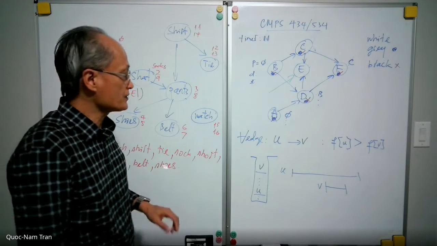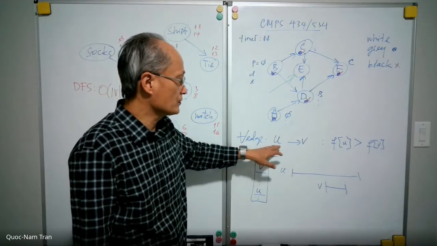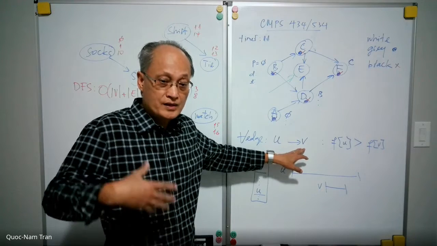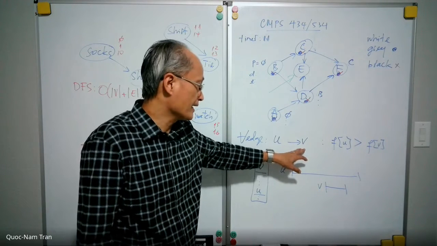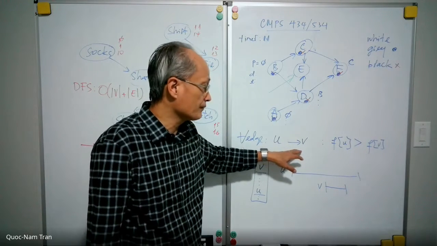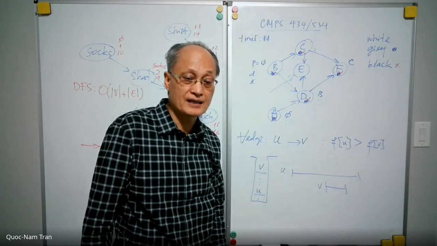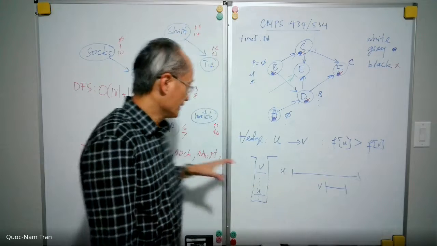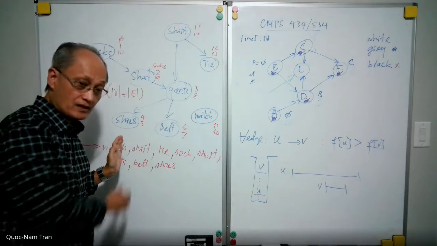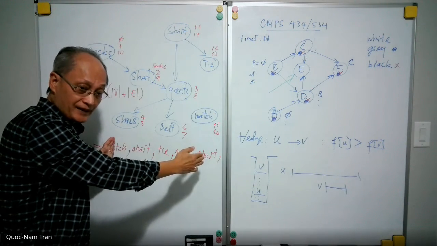The idea was that for every edge u to v, whatever edge we have, the finishing time of u is always bigger than the finishing time of v, meaning on the list, u is always on the left of v, right?